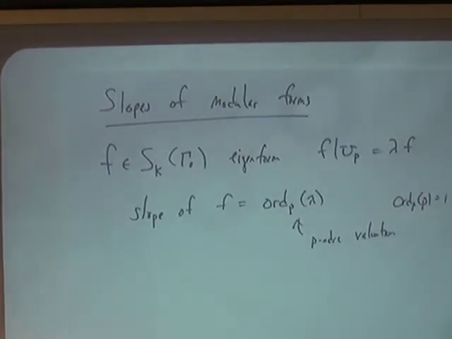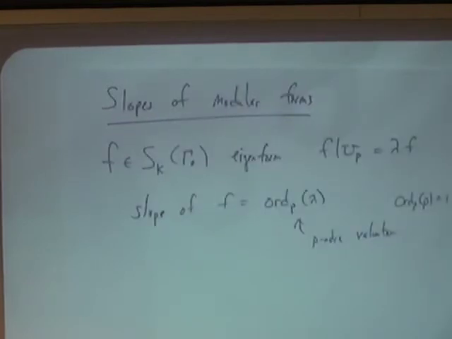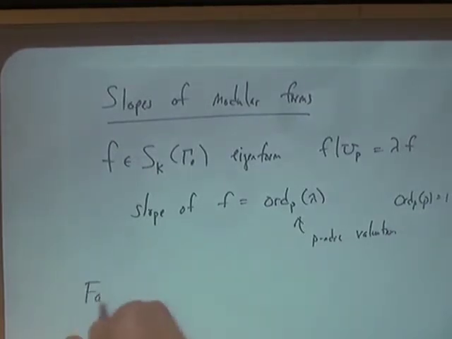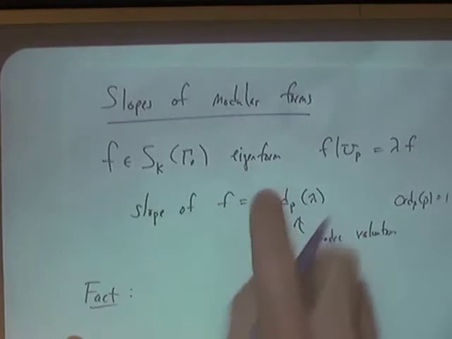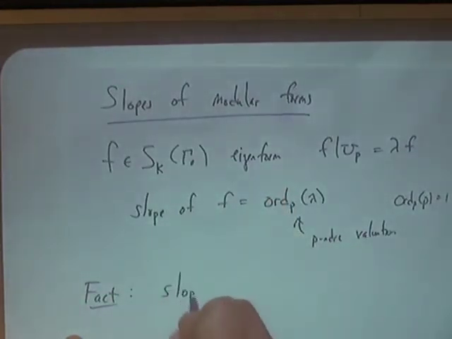And here's a fact, that's what I want to say. I should say ordinary, the definition of ordinary before is slope 0. Right? That means it's a unit. And here's the fact, is that for any such f, one of these eigenforms, the slope of f is less than or equal to k minus 1.